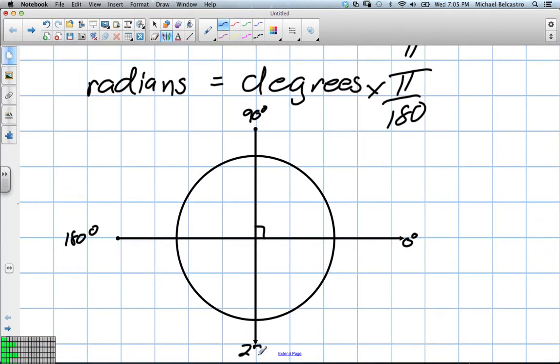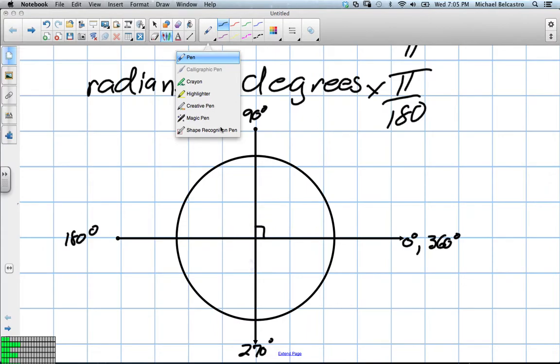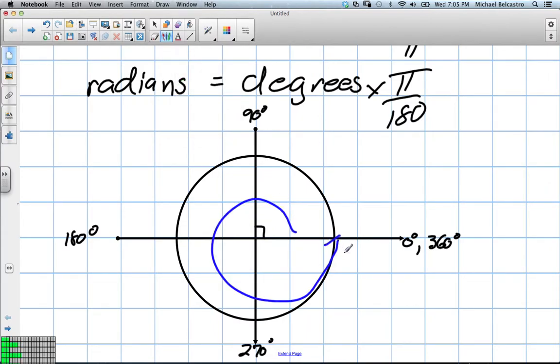This becomes 270 degrees. What I'm talking about is slowly moving from 0 to here is 90. From 0 to here is 180. From 0 to here, see how it's a large amount, is 270. And then if we were to go all the way around a circle, do you know what that is? 360 degrees. So if we were to complete this pattern and go all the way to there, we're looking at 360 degrees in terms of rotation.